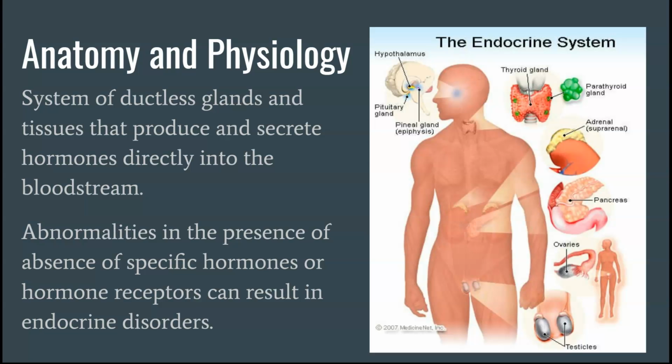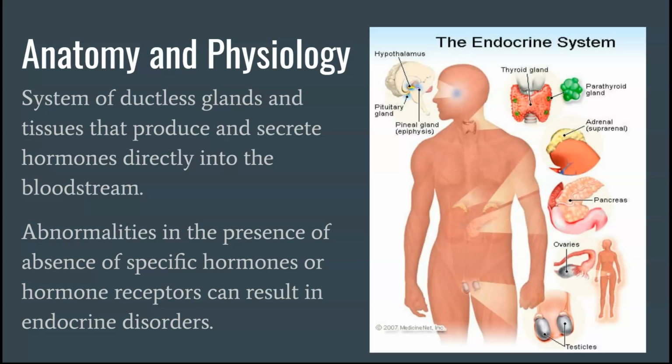So, for example, the gallbladder, where it stores bile and then transmits it into the intestinal tract, is part of the exocrine system. Whereas the pancreas, where it produces insulin, then secretes it into the bloodstream, is endocrine.